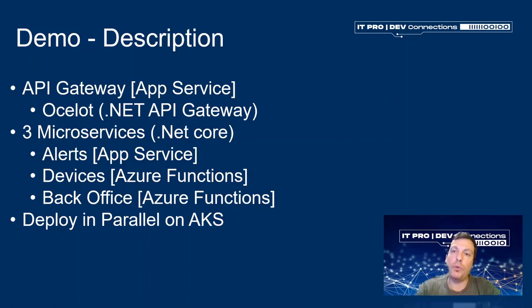So in front of these microservices, I have used an API gateway using the Ocelot library to forward the requests to the different components. And you can see on the slide that these things are going to be deployed on either a web app or Azure Functions, but at the same time we're going to deploy them also on AKS.